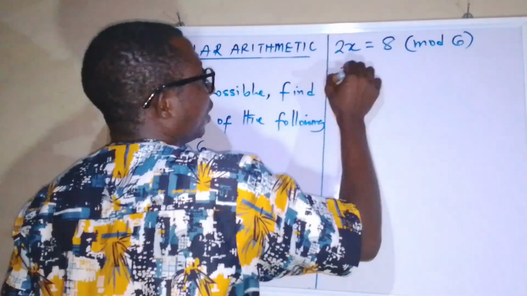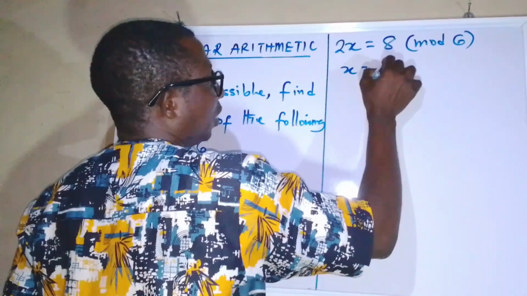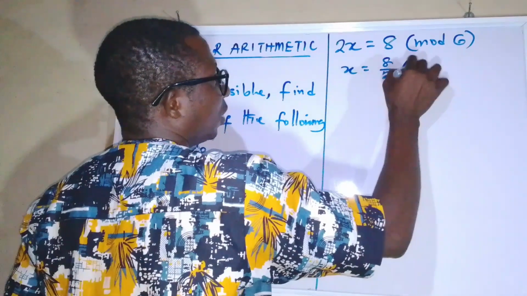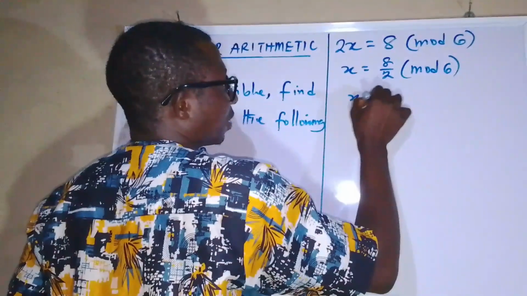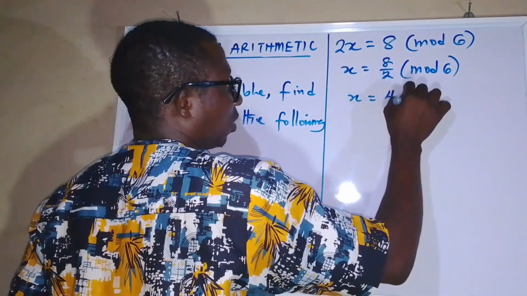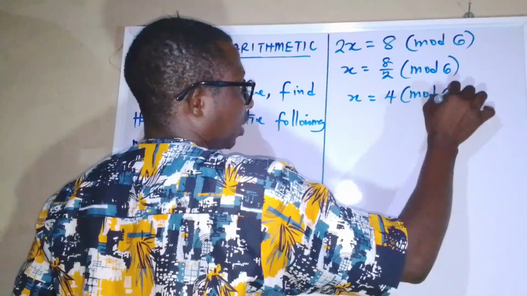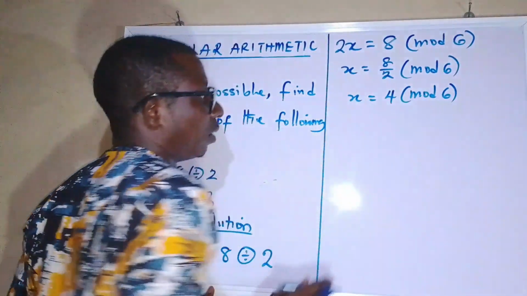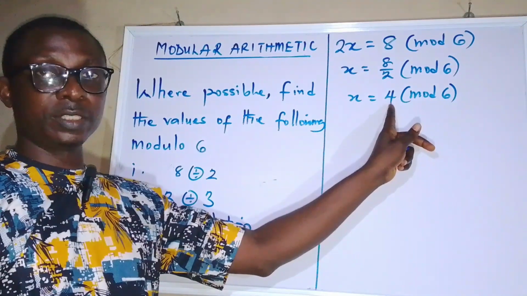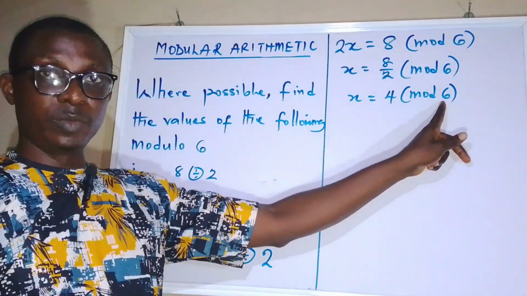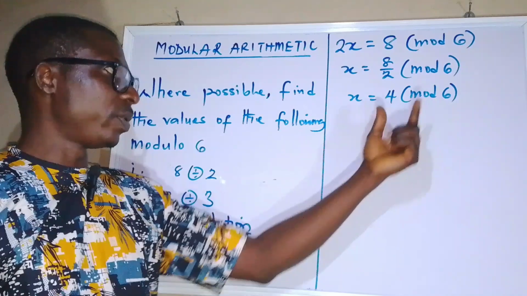You have x equals 8 over 2 mod 6, and then x equals 4 mod 6. Now this is the answer. As you can see, this number is lower than the modulo, so we can stop here.